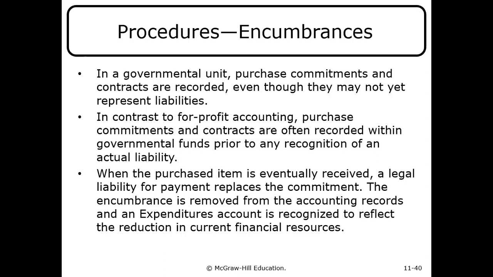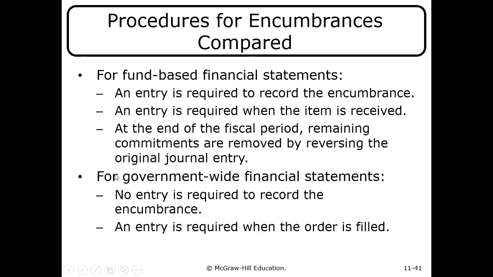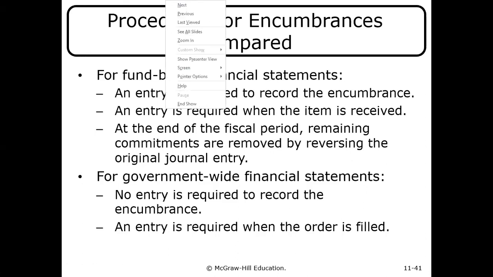So we're showing people we have this item. The encumbrance shows, hey, this has been ordered. You can't use this part of the money anymore. Sorry, let's take a look at some examples of what we're talking about here.